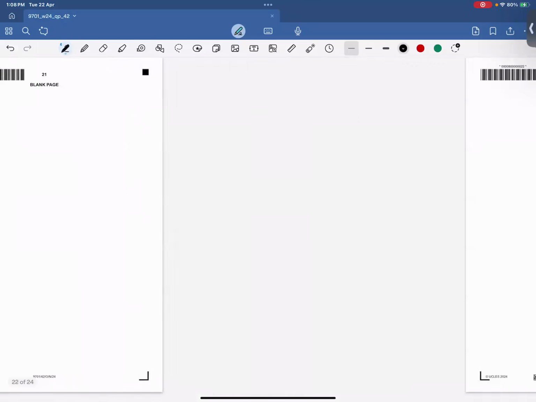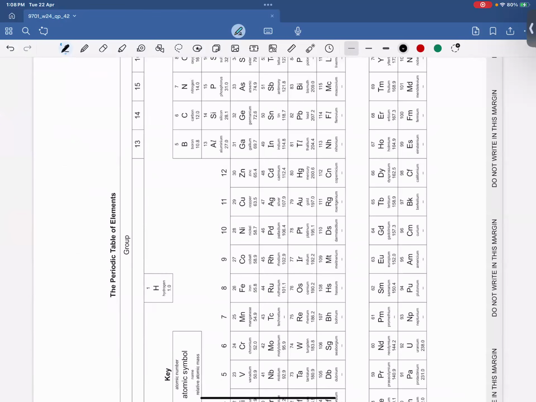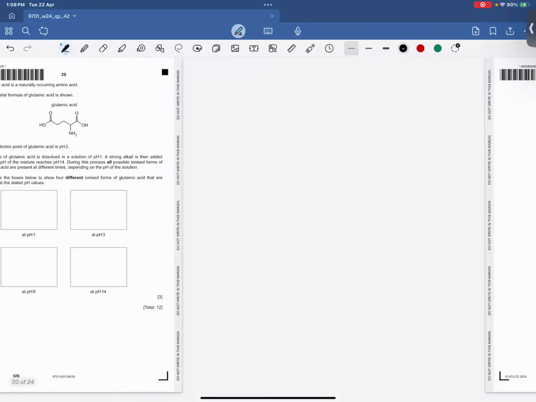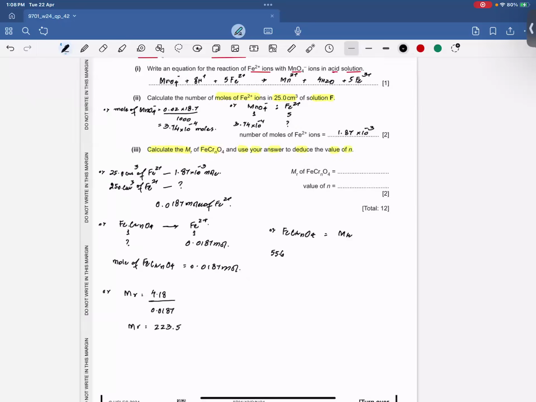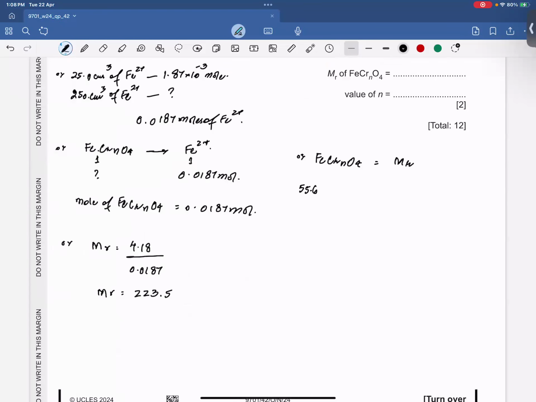I think it's 55.8. Okay, 55.8, plus n chromium plus 16 times 4 equals 223.5.